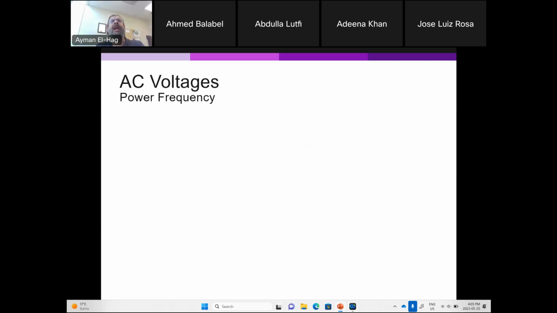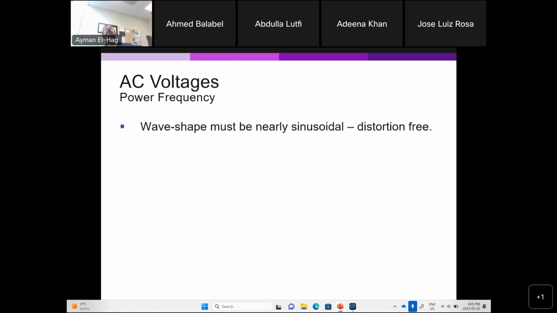Because most of our assets are connected to AC systems, they have to be tested under AC power frequency. Now, these are some of the requirements of the power supply that we have to use.